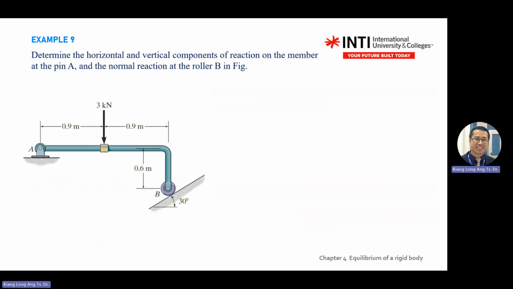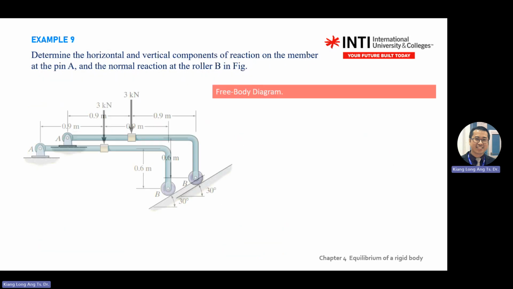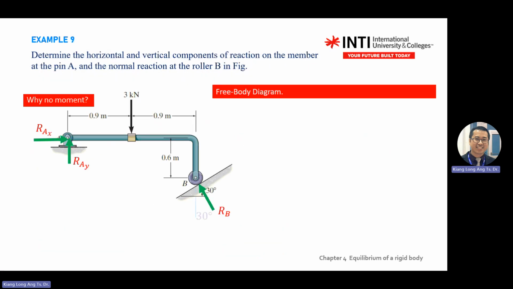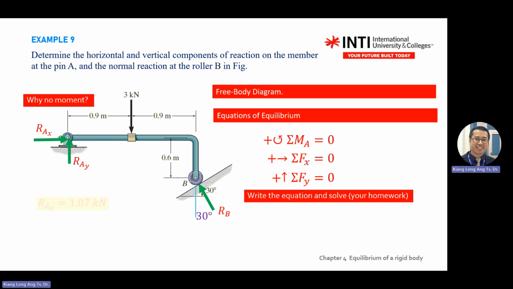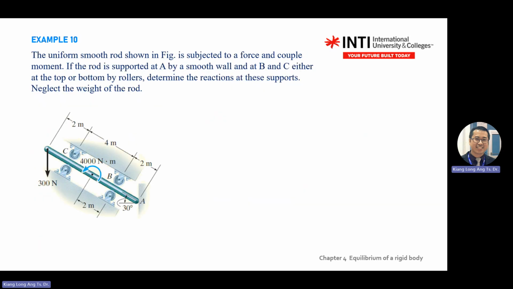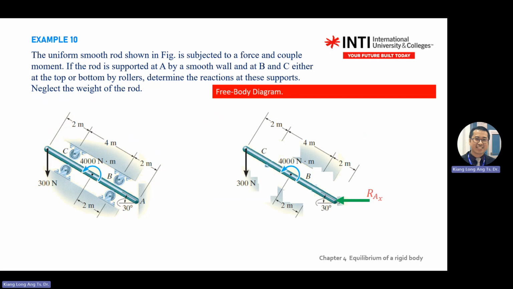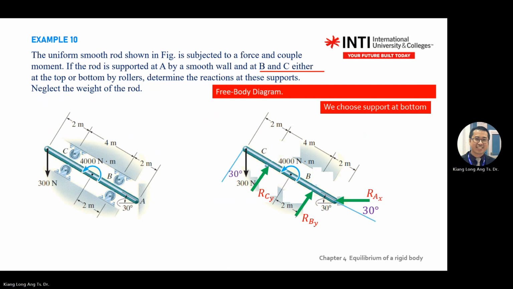Another one, your homework, go home and have a look. Example 9, right? Same. This is a round bodies and so on. Example 10, also go and see. Example 10 is lots of roller there. Free body diagram looks like this. There's only one reaction force at the support.